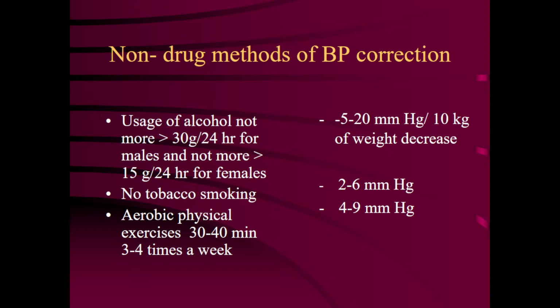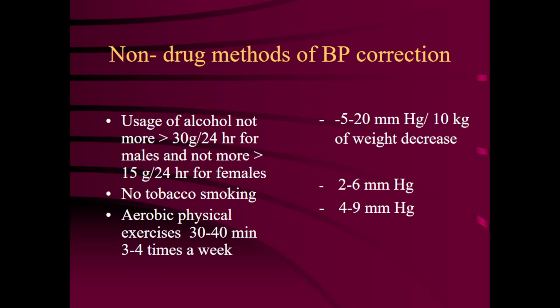And non-drug methods of blood pressure correction. Usage of alcohol, not more than 30 grams a day for males, not more than 15 grams a day for females, and such measure will lead to a decrease of about 5 to 20 millimeter mercury.